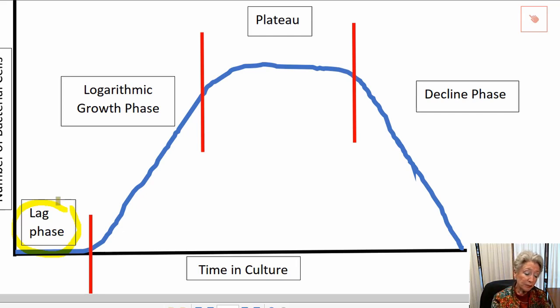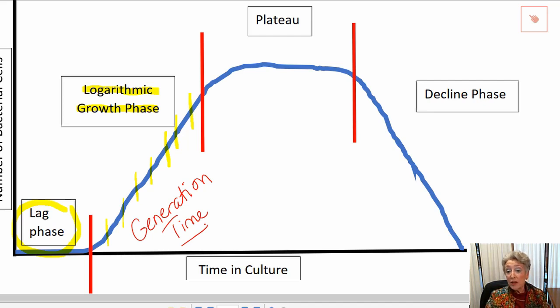After the lag phase, the culture enters a logarithmic growth phase, which is the period where I have the organisms dividing 2 by 2 by 2 by 2, as long as there are sufficient nutrients in the culture, and as long as there's nothing toxic building up. So remember that during this period of time, this is when I could measure the generation time in the culture, the generation time being the length of time it takes for one bacterium to divide into 2.